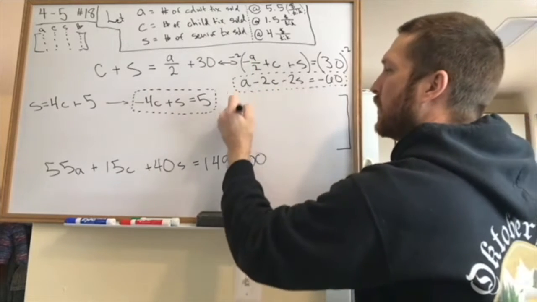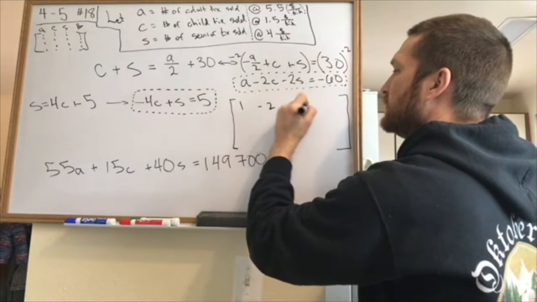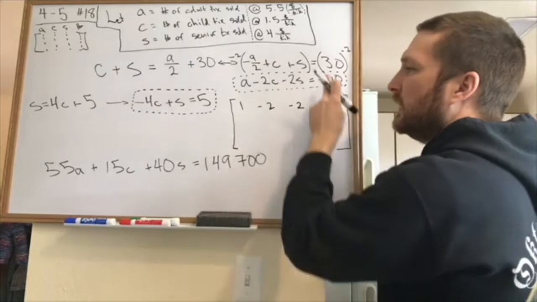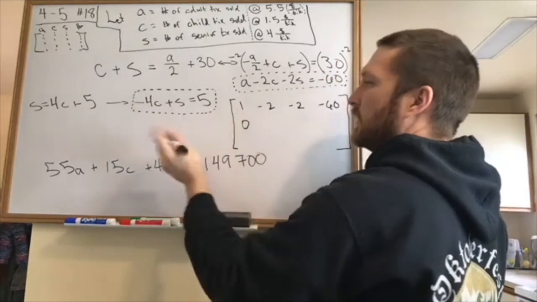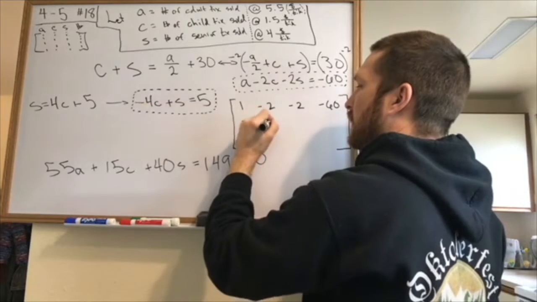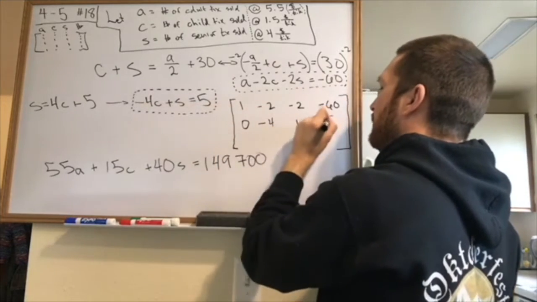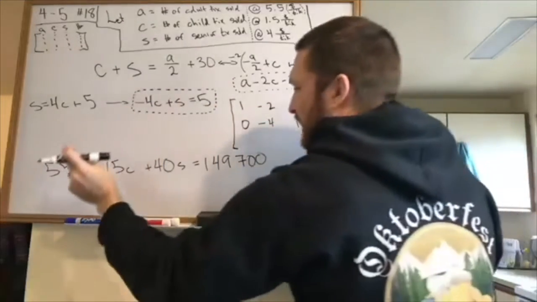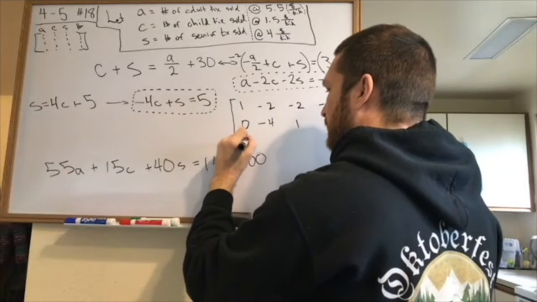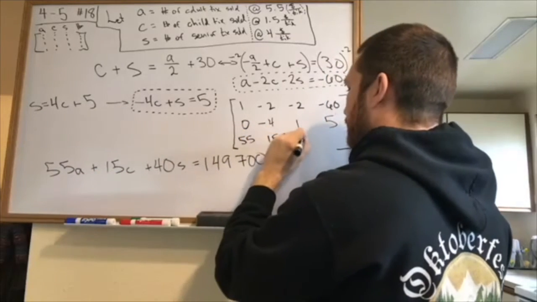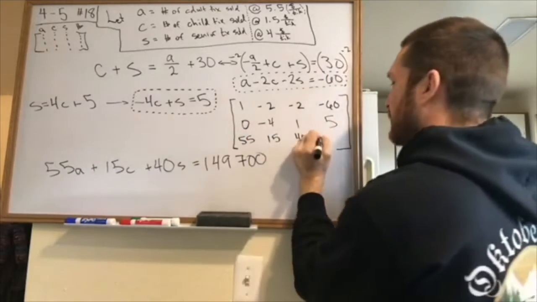So that's going to be a 1, -2, -2, -60. Second equation, the A is not there, so we got a 0, -4, 1, 5. Finally, 55, 15, 40, and 149,700.